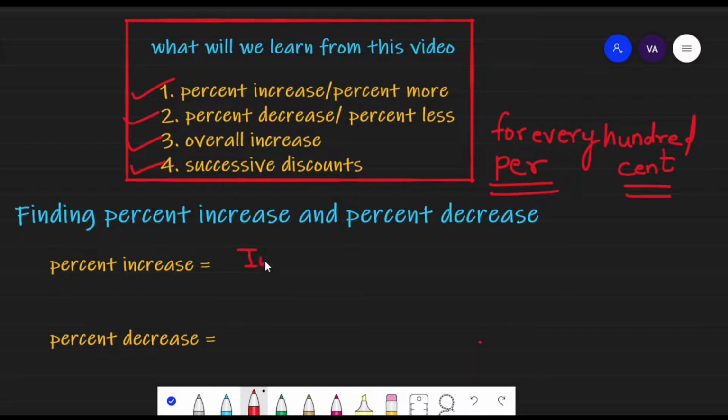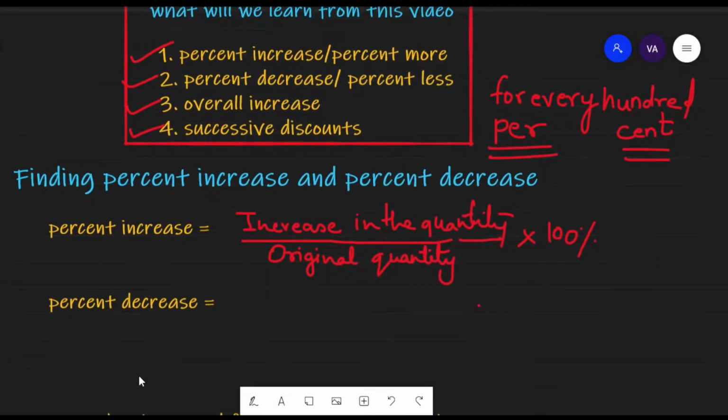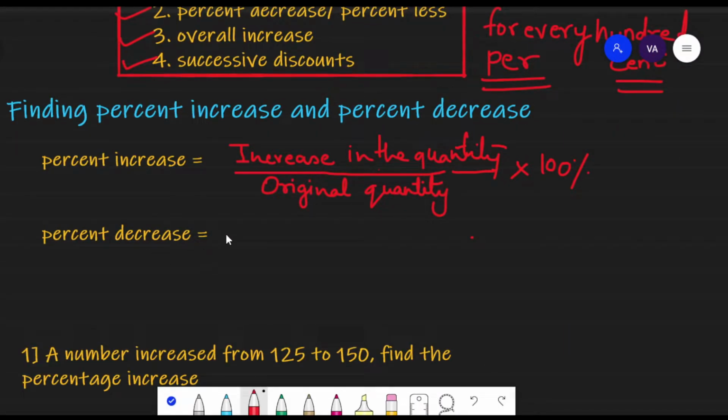Let's see the formula for percent increase and percent decrease. Percent increase is the actual increase in the quantity divided by the original quantity, into 100%. This is known as percentage increase. Now what is percentage decrease?